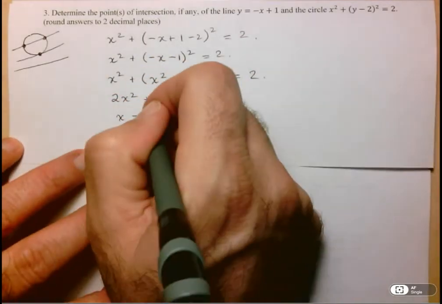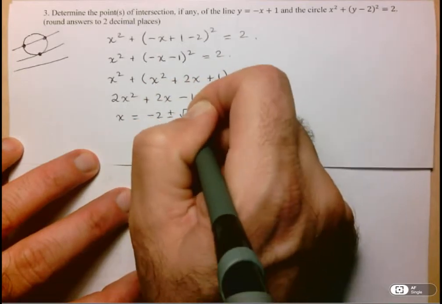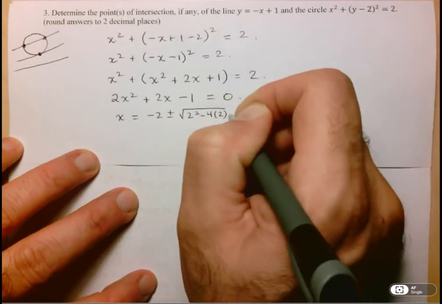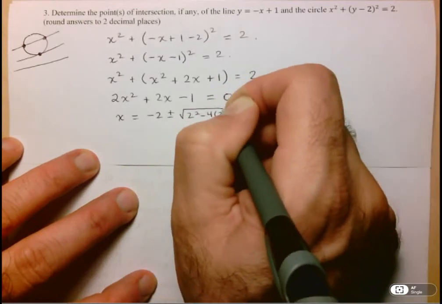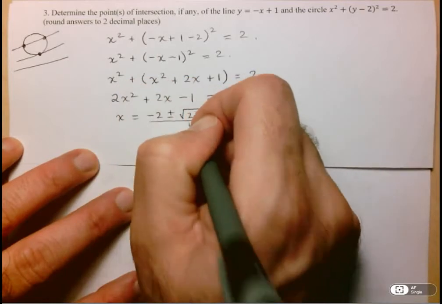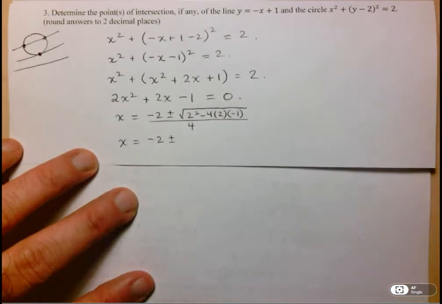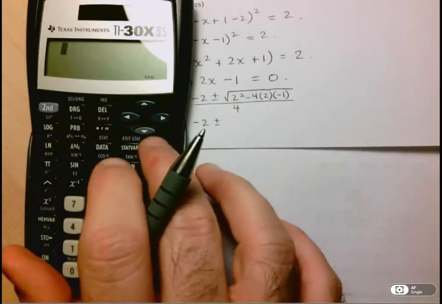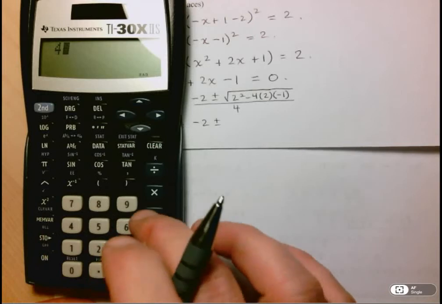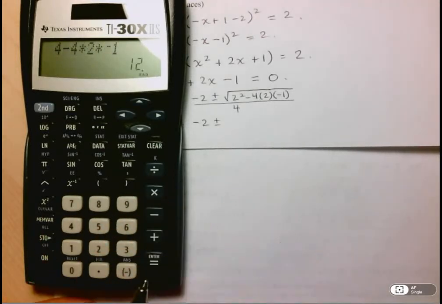So negative b, negative 2, plus or minus the square root of b squared, so 2 squared, minus 4 times a, which is 2, times c, which is negative 1, all over 2 times a, so 4. Let's calculate the term inside the square root: 2 squared is 4, minus 4 times 2 times negative 1, is equal to 12.